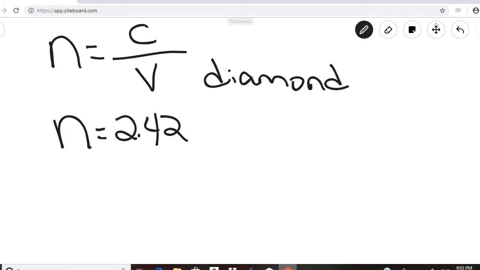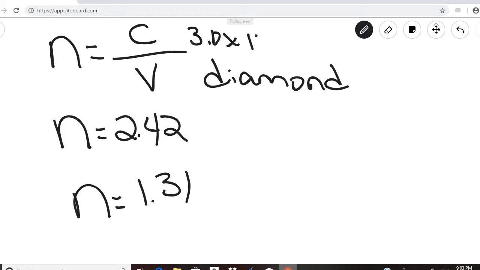For ice, n is equal to about 1.31. So this would be 3.0 times 10 to the 8th meters per second divided by some smaller speed, and if you divide by a smaller number, then your n is going to be larger. So the more dense the substance, the slower the speed of light through it.